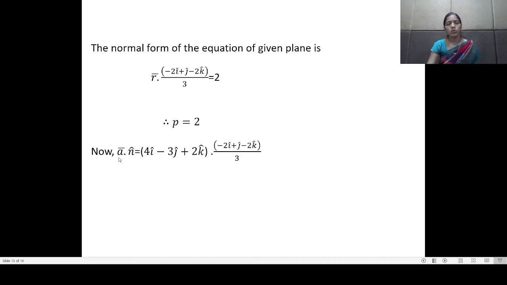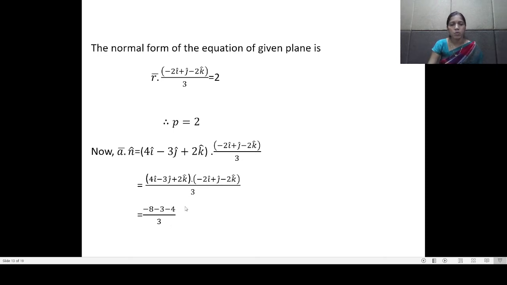Now to find a bar dot n cap, we put a bar as 4i cap minus 3j cap plus 2k cap dot n cap, which we already determined as (minus 2i cap plus j cap minus 2k cap)/3. Taking the dot product of these two brackets: 4 into minus 2 gives minus 8, minus 3 into 1 gives minus 3, 2 into minus 2 gives minus 4, all divided by 3.